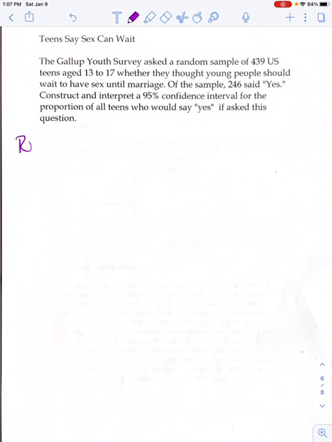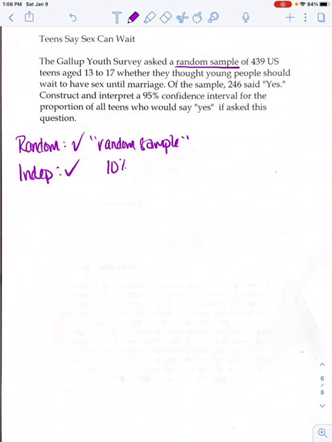All right, so I need to be random. And it says random sample right there. And I need to be independent, which is the 10% condition.